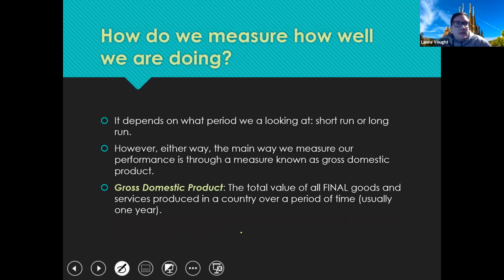So that's a little bit of introduction as to what macroeconomics represents, what it's going to be focusing on, looking at economic prosperity both in the short term versus the long term, and how we are able to get there or not get there. And then after that, we'll talk about how we can visualize the aggregate economy from the perspective of two models known as the aggregate expenditures model and the aggregate supply and aggregate demand model.